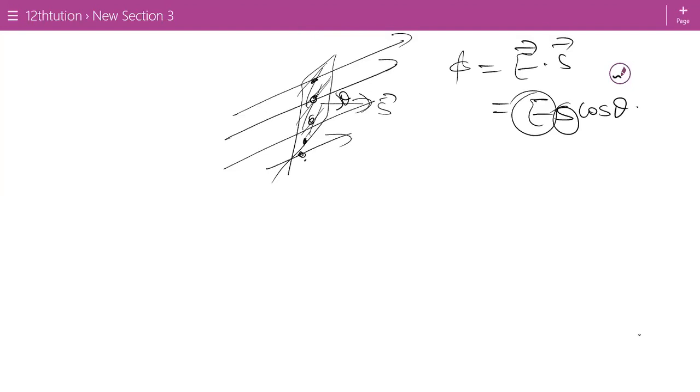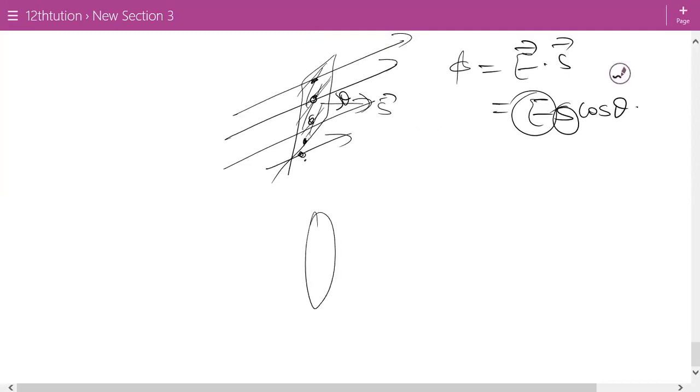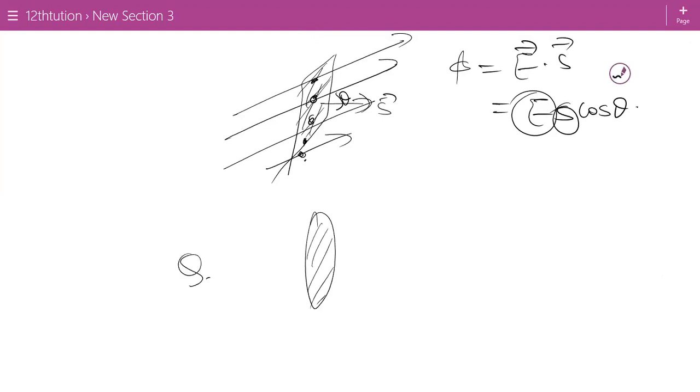But in this, we have considered the electric field uniform. Sometimes what can happen is, for example, if there is a surface like this and charge Q is put, the electric field will be different at the disk, because this distance is different than this distance.